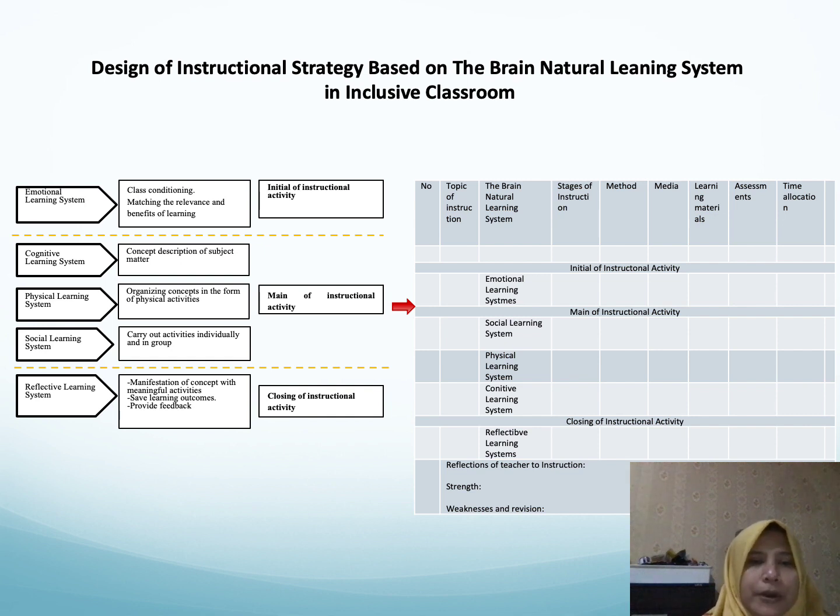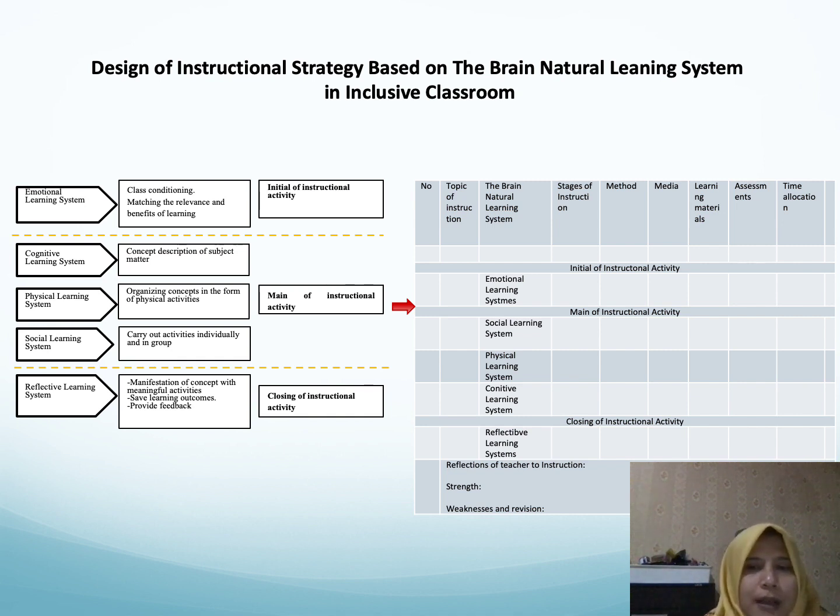On the right side, we can see the 5 learning systems, which we can use in the design for each activity related to the stage of the instruction. So the teacher can make activities in the emotional learning system as the initial instructional activity. The teacher can choose the method, media, learning materials, and the assessment.